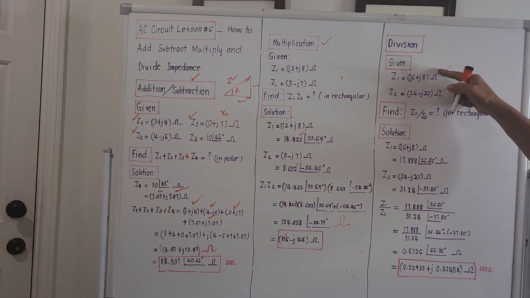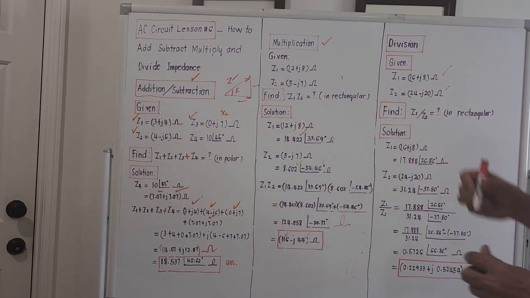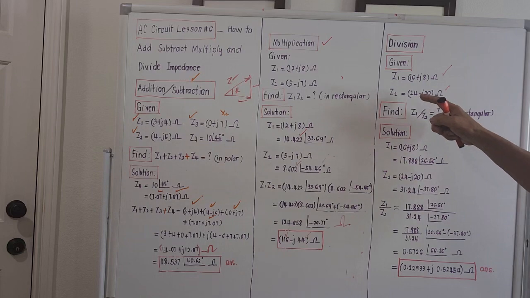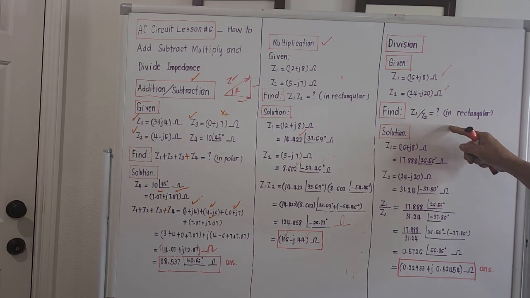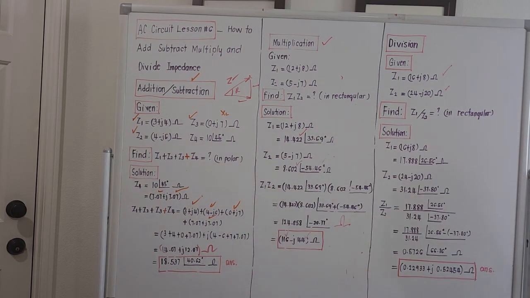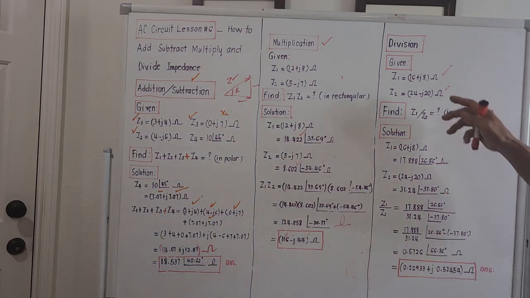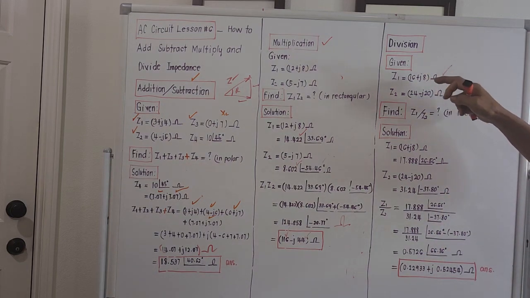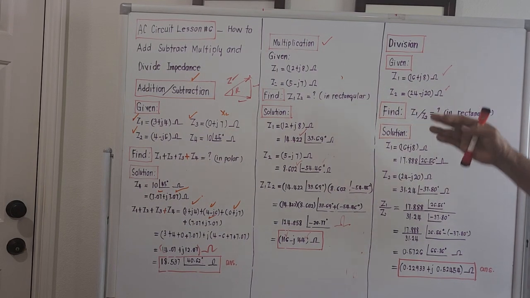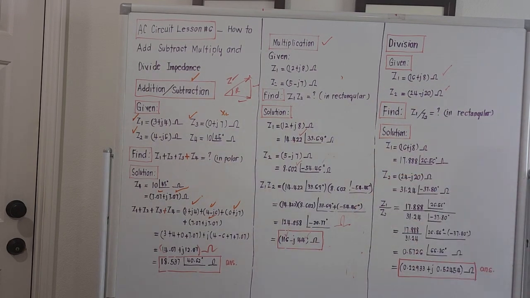This is rectangular, and the problem is asking what will be the ratio of Z1 over Z2, with an additional requirement in rectangular form. To bring out the simpler solution, we should convert all the given impedances to polar form before we proceed with the division. So Z1 will be 16 plus j8.